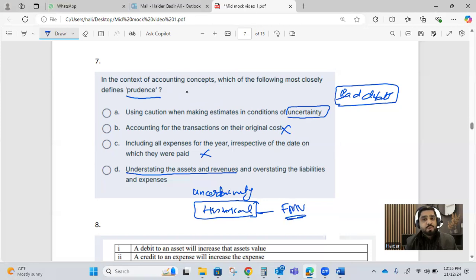Both of the values are known to you. Nothing is uncertain here. And that is not a prudence. Whenever you are certain about something, that is not a prudence principle.